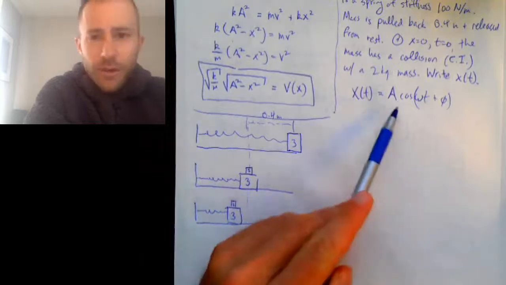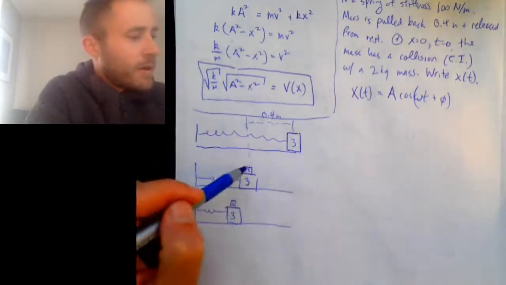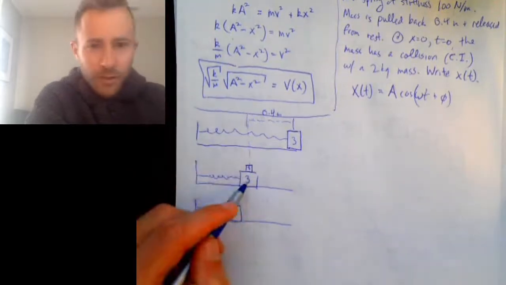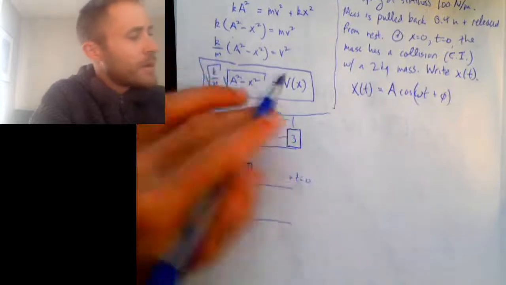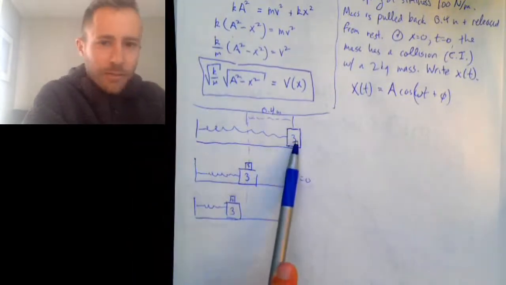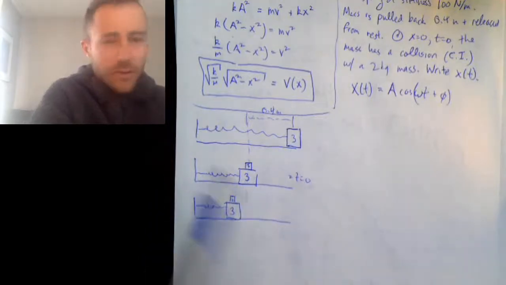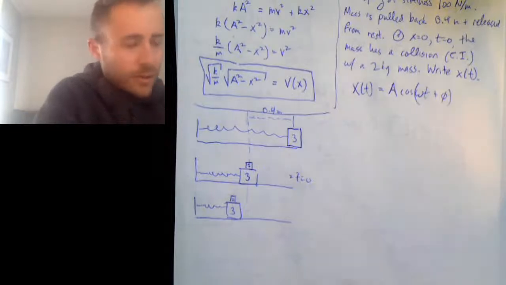So what we have to do is figure out what the amplitude is. And by the way, when this collision happens, that is defined as time 0. Okay? In between release and the collision, energy is conserved. It's only during the collision that energy is dissipated as heat.